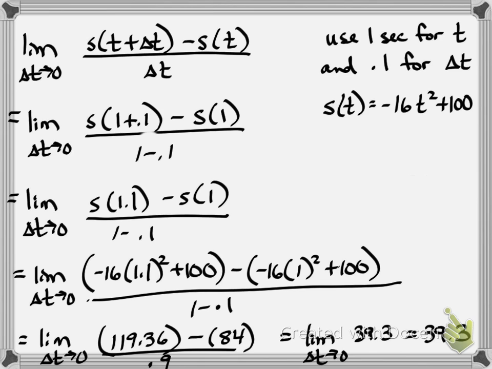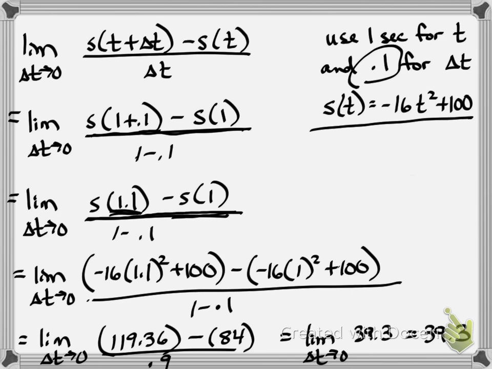Then we ran through the position function with those values: s of 1 plus 0.1 minus s of 1, over the time subtracted. 1 plus 0.1 would be 1.1.